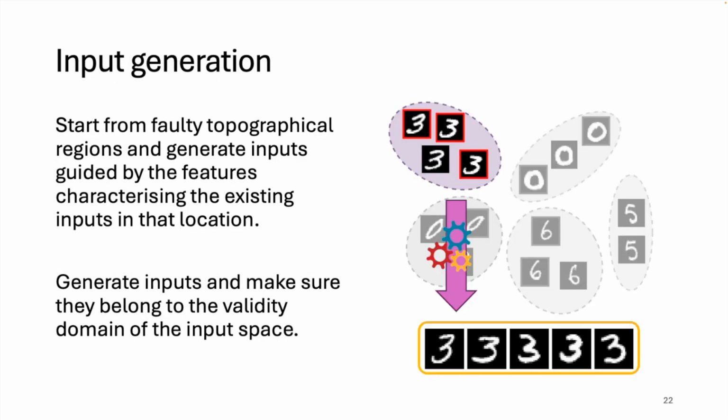As far as concerns input generation, the basic step will be to start from the regions we obtained, extract from each region some of the features characterizing that cluster, and generate a series of new inputs that correspond to the characteristics of the existing inputs.